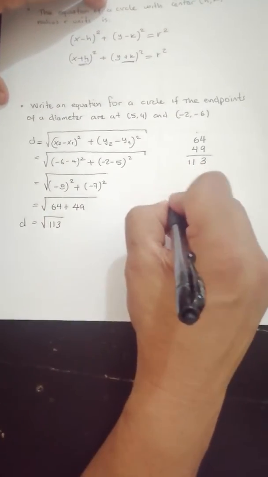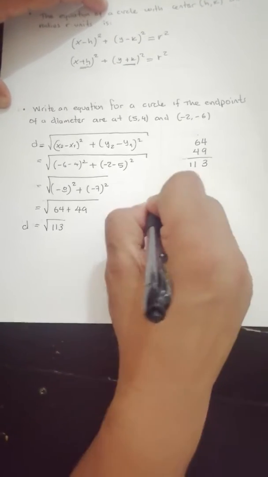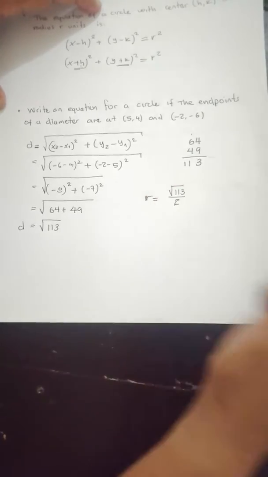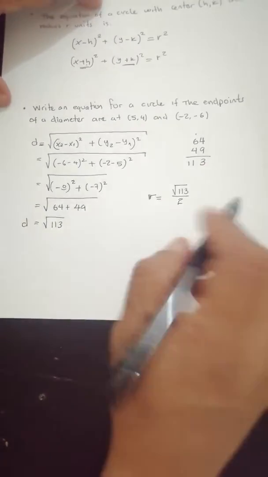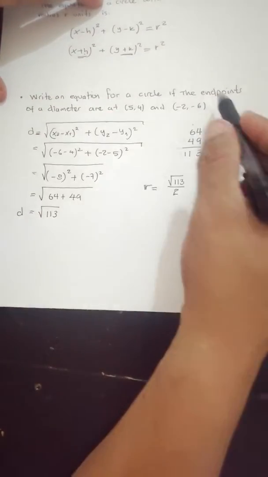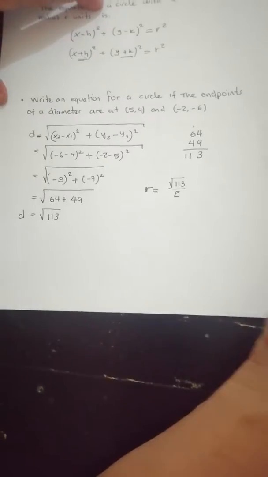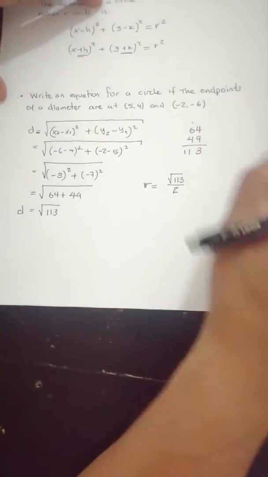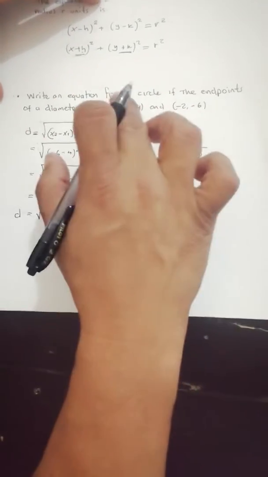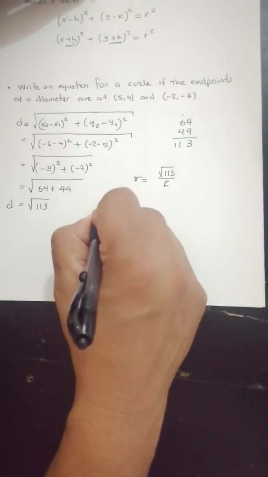Okay, so the radius we know is the square root of 53 divided by 2. That will be the radius of the circle. Now, I need to find also the center of the circle. If I have these 2 points, the midpoint, which is also obtained by using a formula, will give me the center of the circle.